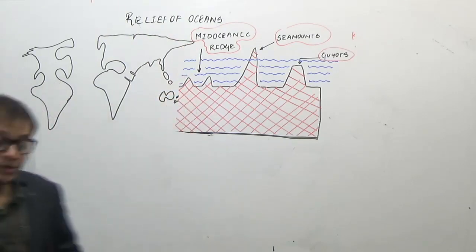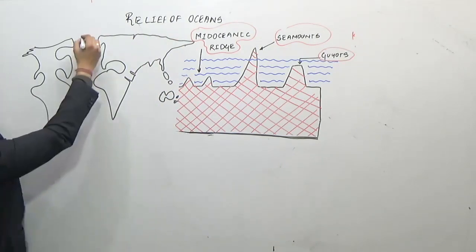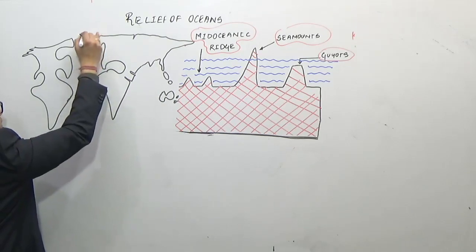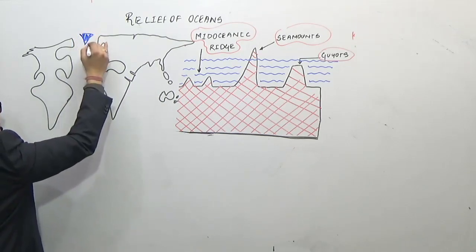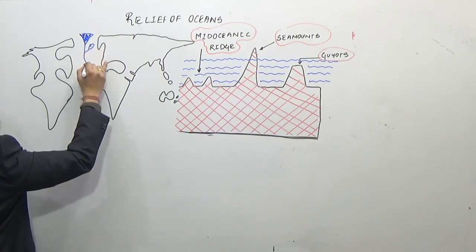If I try to show you the location of mid-oceanic ridges, you will see that there is a continuous mountain which I am showing you in blue color, which runs in this direction.